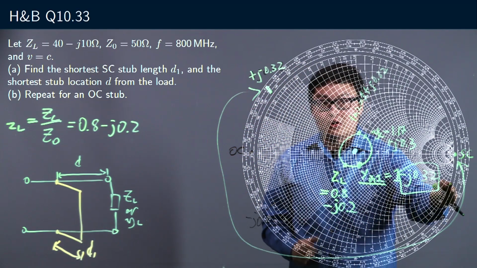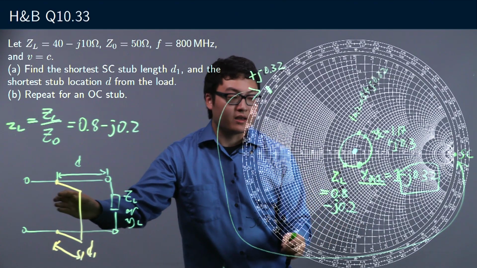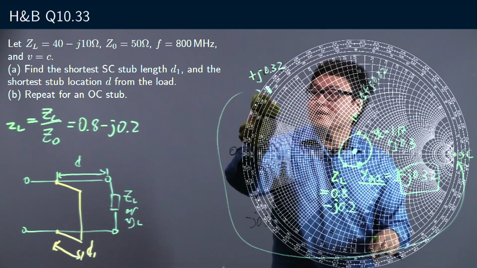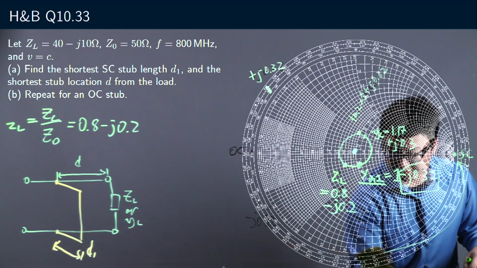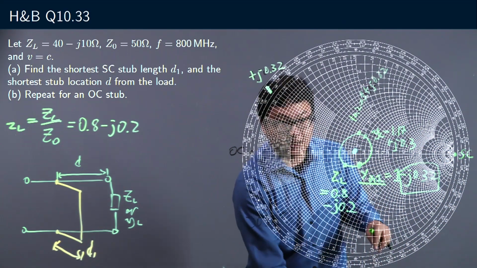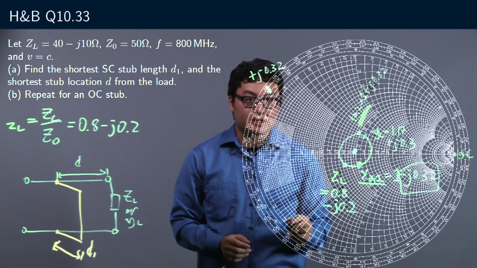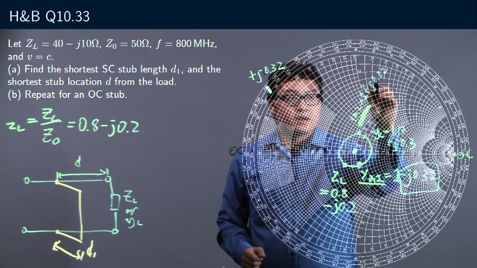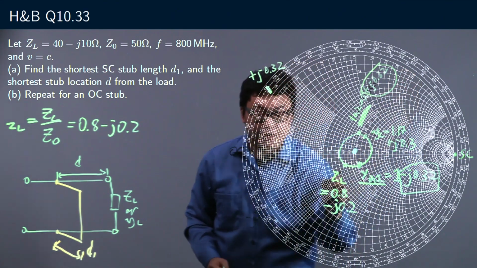But in fact, the book question asks for the shortest possible short circuit stub length. And this is actually not the shortest possible. I'll show you why. Because if we pick to use the other possible stub location and insert the short circuit stub there, we would need a short circuit stub that can cancel out plus j 0.32.